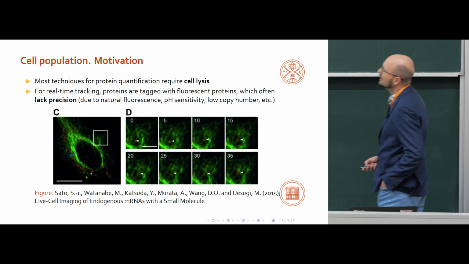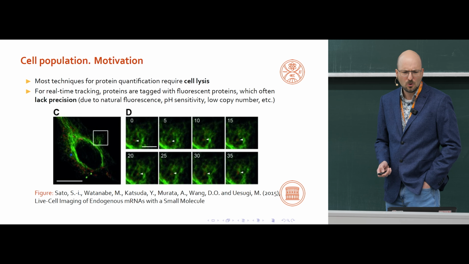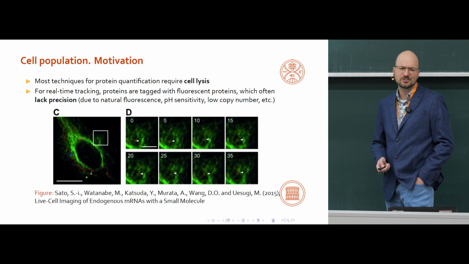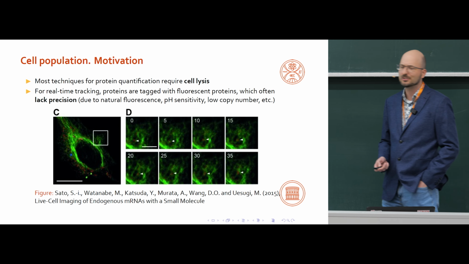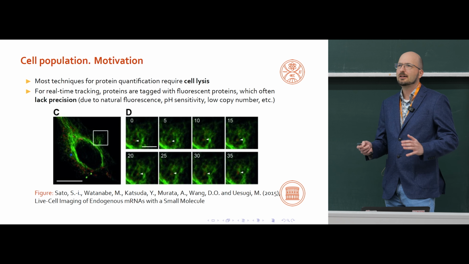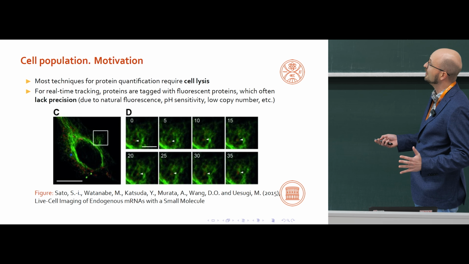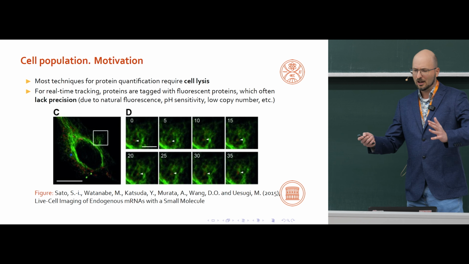Now there's a slide about how these single cell measurements are made, and the bottom line is that they are kind of difficult. Instead you would like to have easier measurements, but easier measurements require cell lysis or cell death.